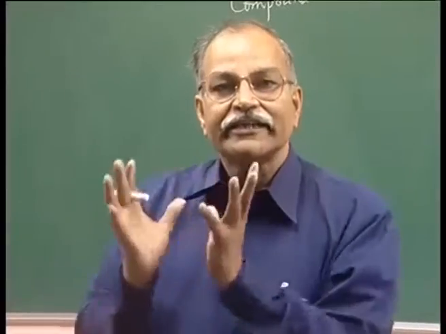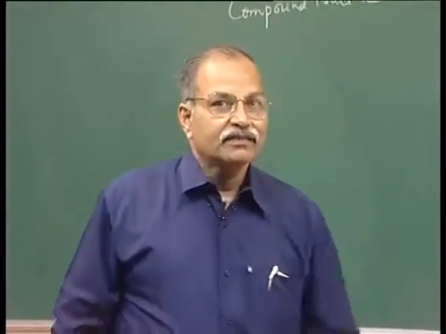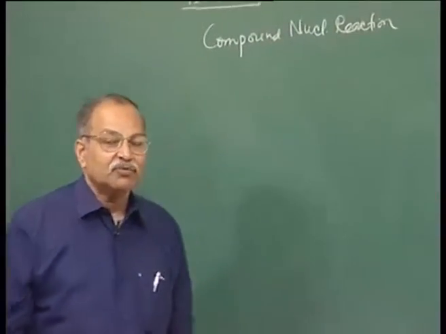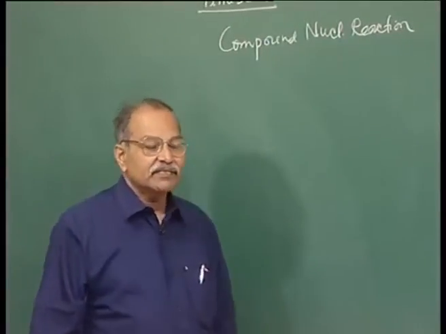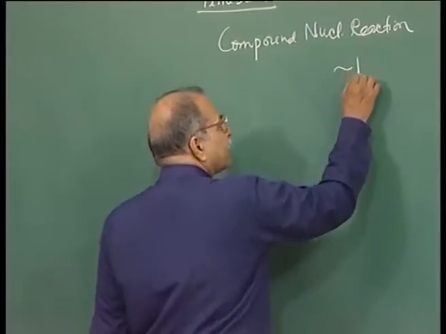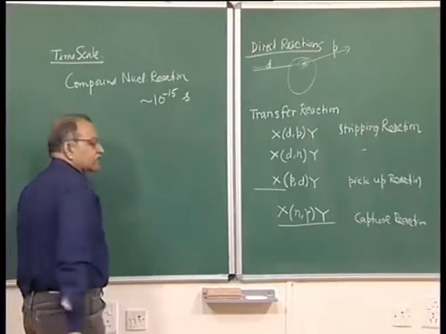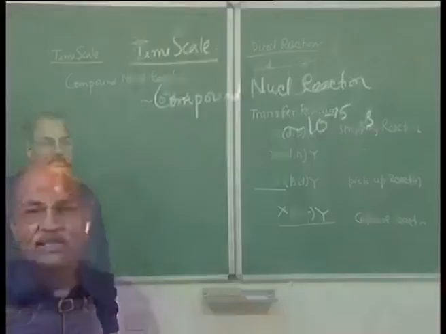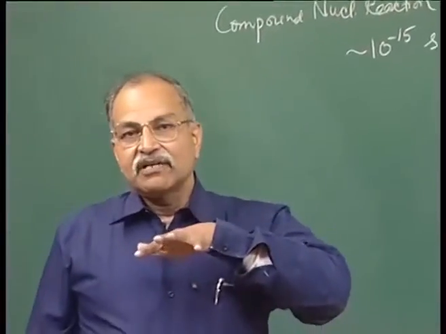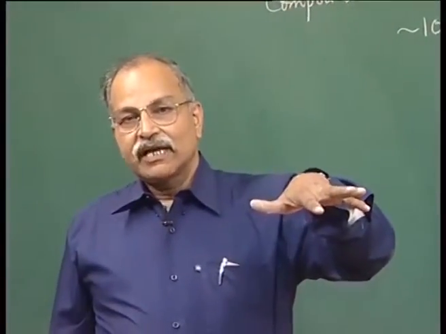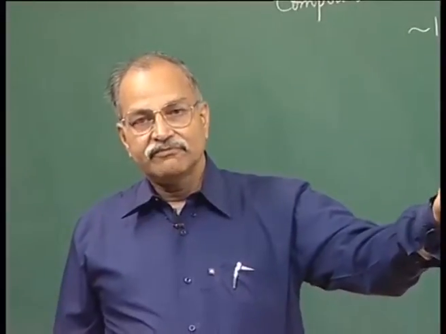So, it takes time, but even that long time is very small as far as the laboratory is concerned. The time scale is something like 10 to the power minus 15 or minus 16 seconds. And the time for a direct reaction you can easily work out.